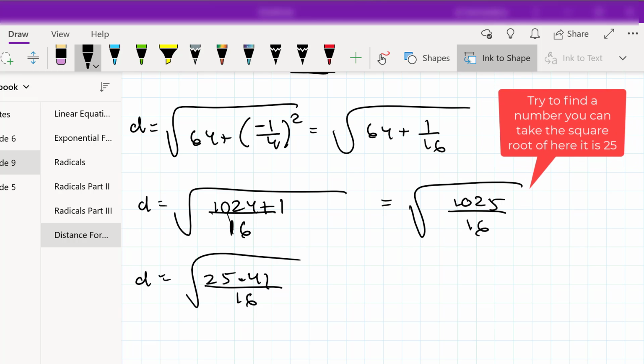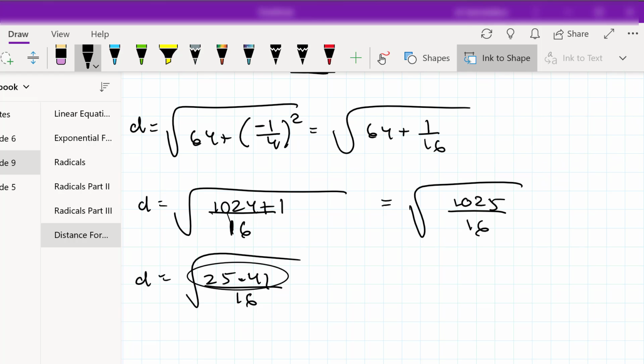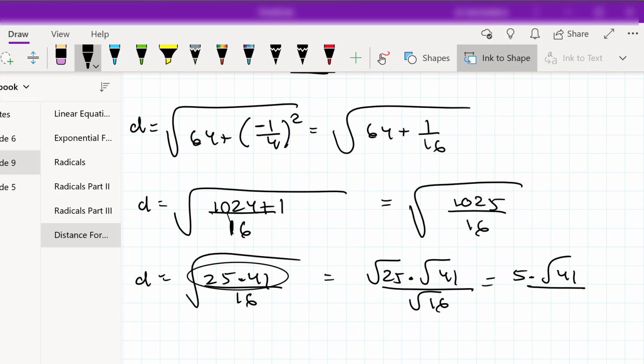So 25 divided into 1025 is 41, which is this number. Or this can be further reduced as the square root of 25 times the square root of 41 all over the square root of 16, which is 5 times the square root of 41. The square root of 16 is 4. Therefore, d is 5 quarters multiplied by the square root of 41.